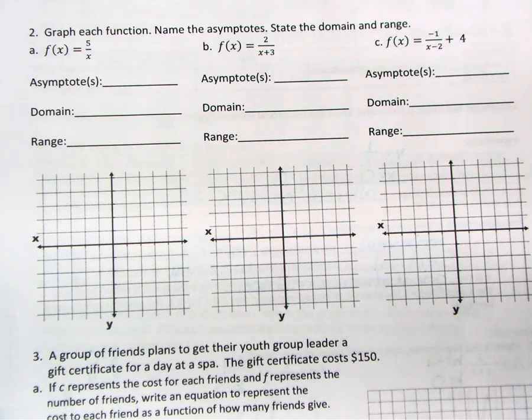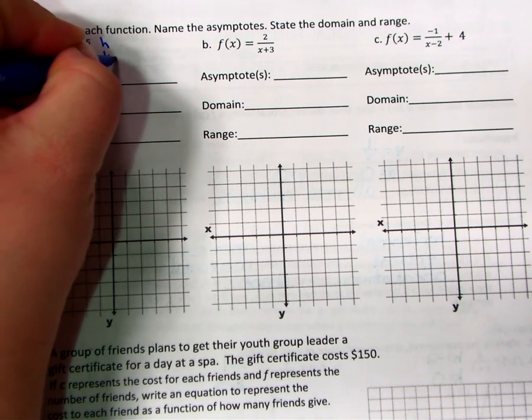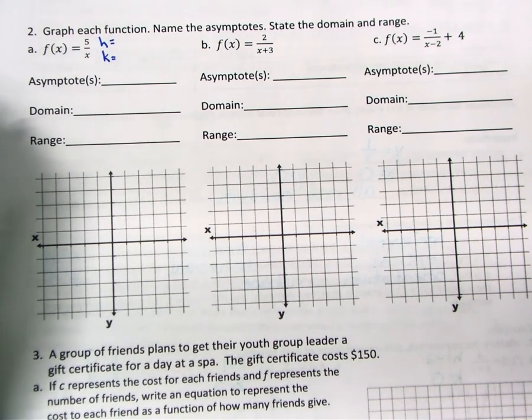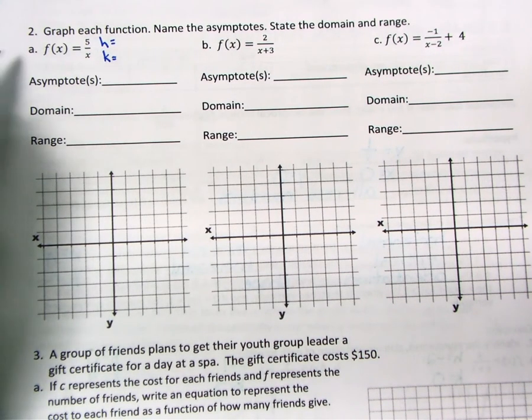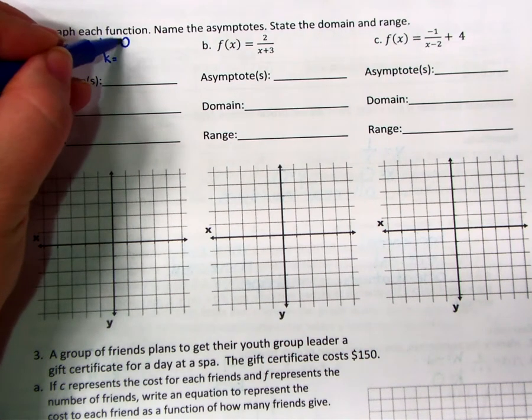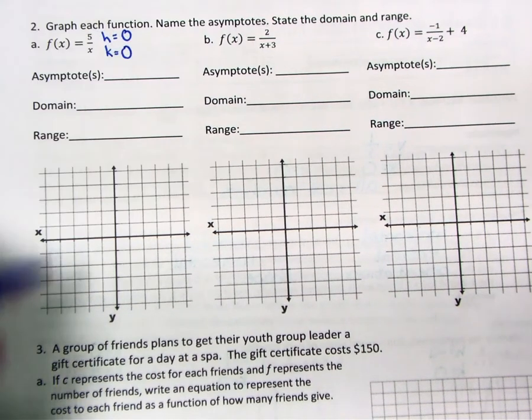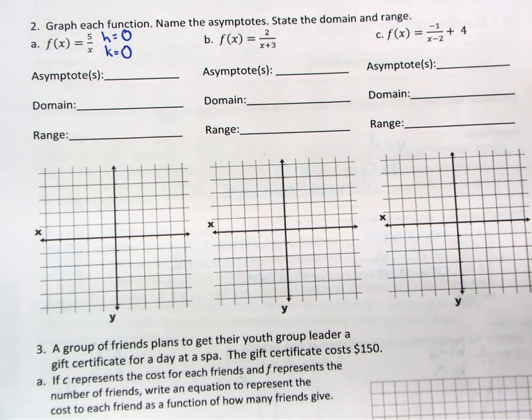For number 2, for A, we have h and k that we've got to list. H in this case is equal to 0 because there's nothing being added or subtracted to the value on the bottom. K is also equal to 0 because there's nothing being added or subtracted to the fraction.